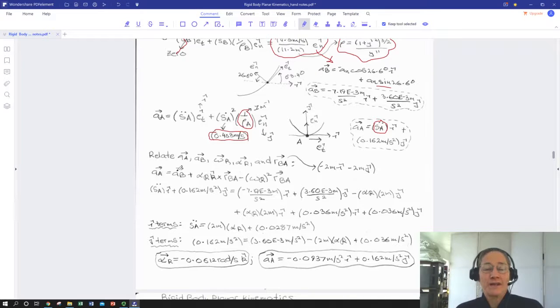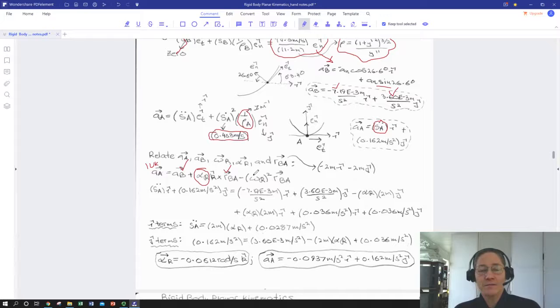We know everything in the acceleration of B because we know both components. We don't know the angular acceleration of the rod relative to the ij coordinate system, but we do know this. So we know this and we know this. We don't know that. We've got one unknown over here.